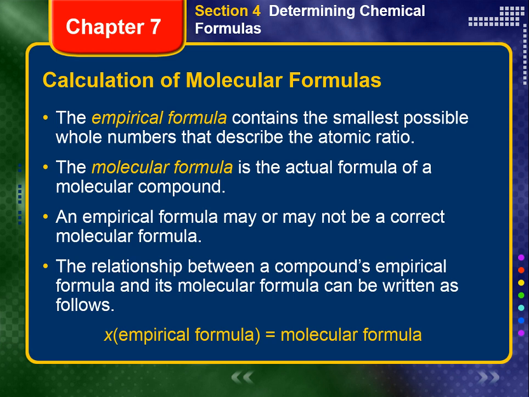How is the correct formula for a molecular compound found from an empirical formula? The relationship between a compound's empirical formula and its molecular formula can be written as x multiplied by the empirical formula is equal to the molecular formula.